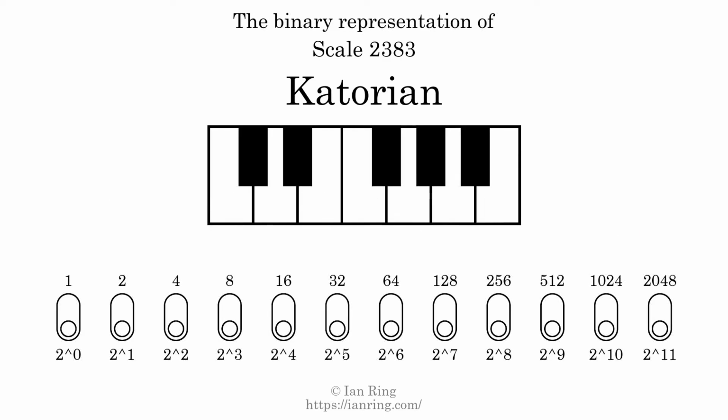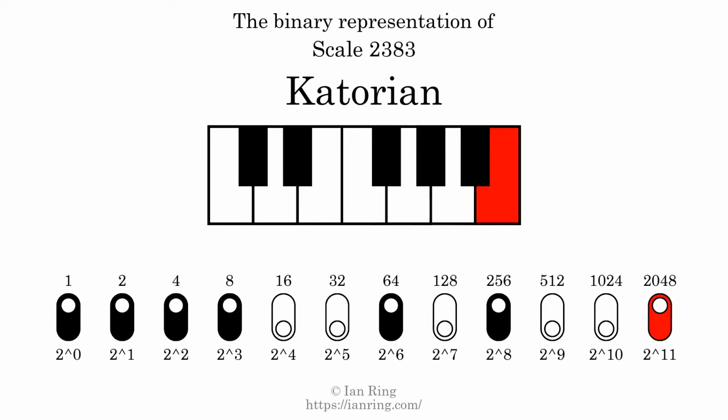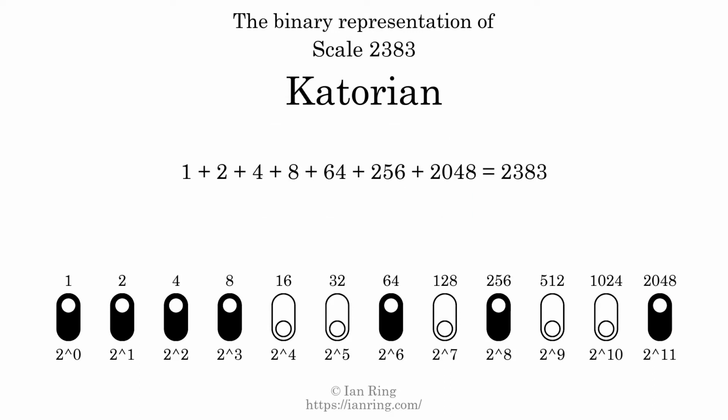The binary representation of this scale is determined by mapping tones of the scale to binary digits. Each binary digit represents a power of 2. To get the scale number, we add the powers of 2 together. The powers of 2 that are present in the scale, all added together, equals 2383.